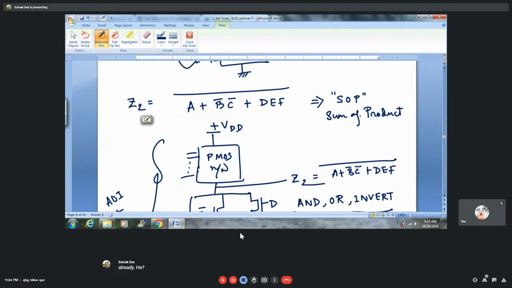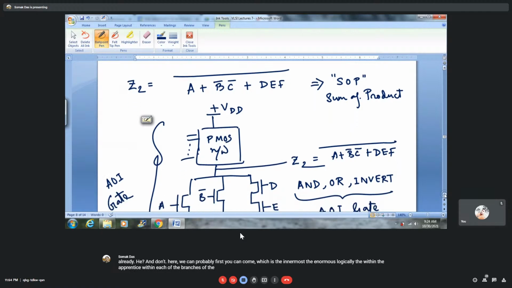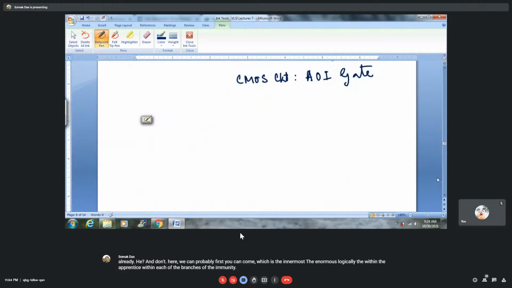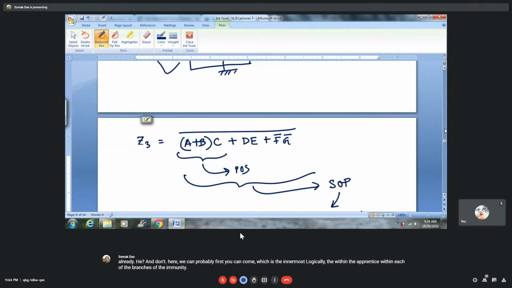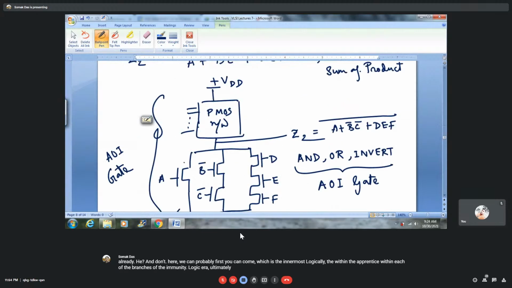AND or invert gate. Which alphabet you abbreviate first depends on the innermost logic. The innermost logic means, within each of the branches of the NMOS circuit, what logic you are ultimately representing, that will come first.